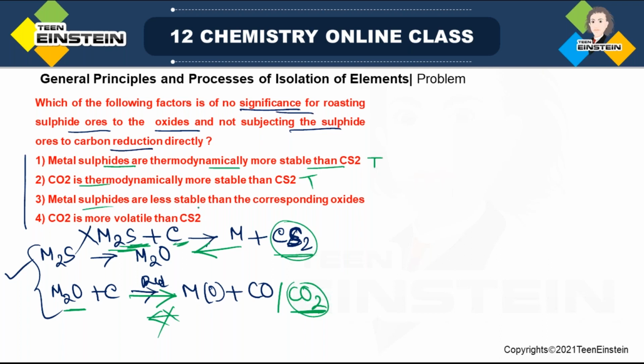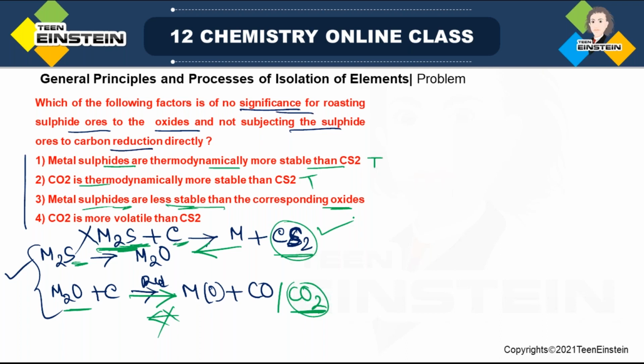Next is metal sulfides are less stable than the corresponding oxide. Now if metal sulfides are less stable than the corresponding oxide, that means M2S is less stable than M2O, which means it will not take part in the reaction very easily. Or rather, M2S would be more reactive than oxides, and then you would have this reaction very easily.